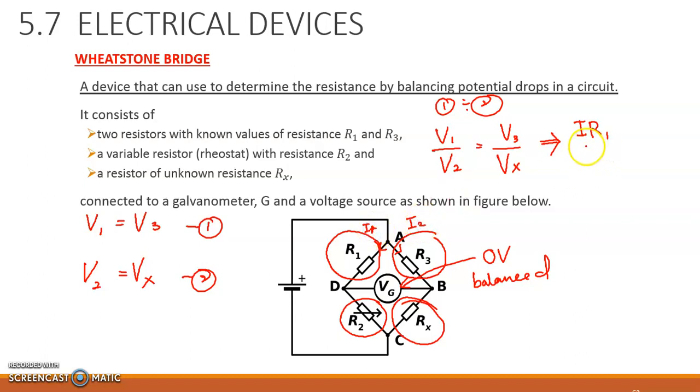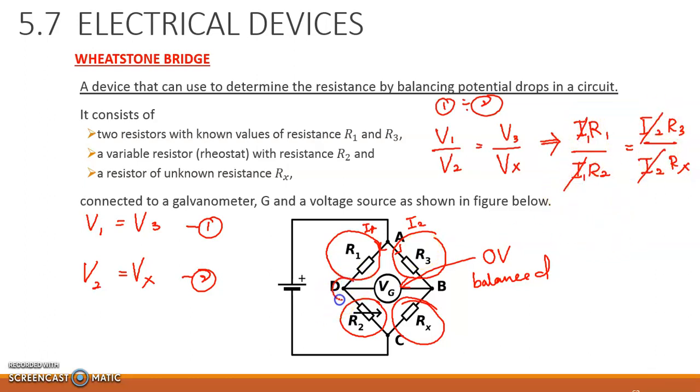So it will be I1 R1 for V1, and for V2, potential difference at R2, the same current flows through R2, so it will be I1 R2, equal to, for V3, the current that flows through R3 is I2 R3, and for Rx, I2 also flows through Rx, so I2 Rx. So here we can cancel out the value for I1 and I2.